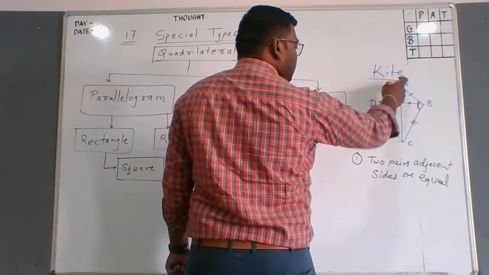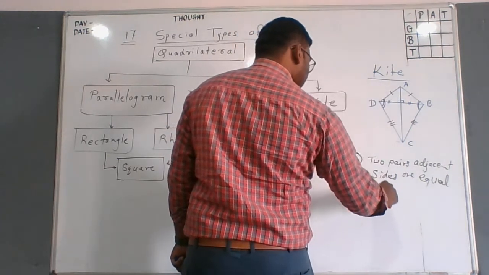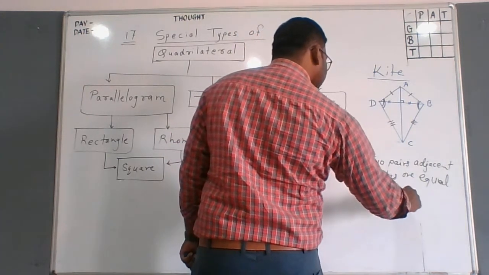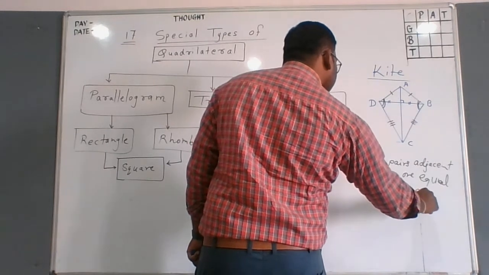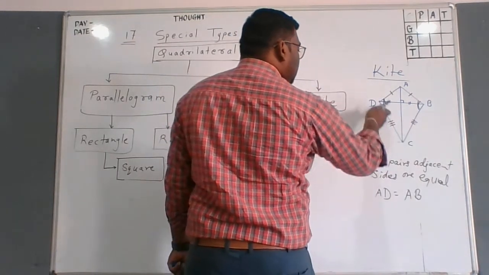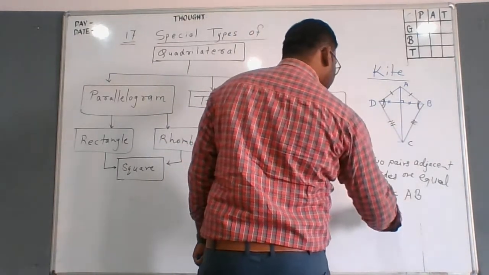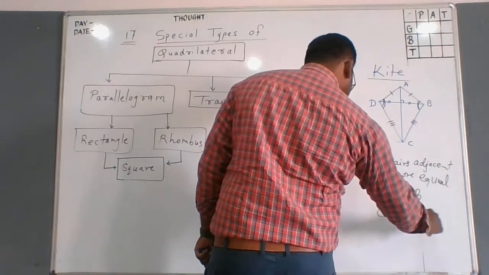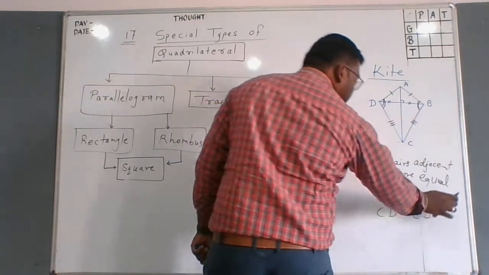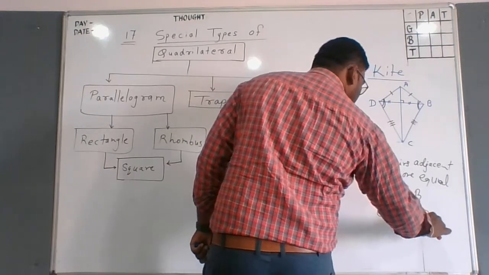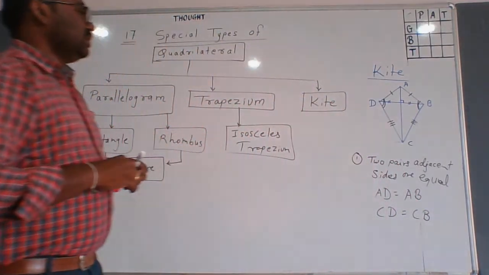So which are these two sides? AB equals AD and CD equals CB. Okay. This is the first property.